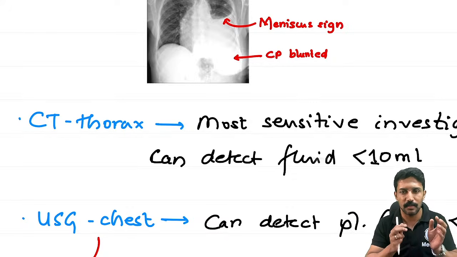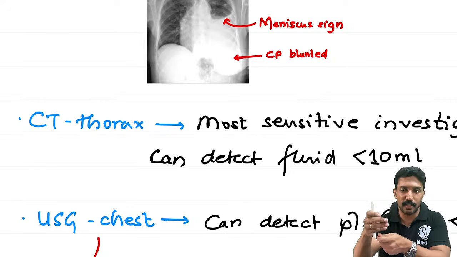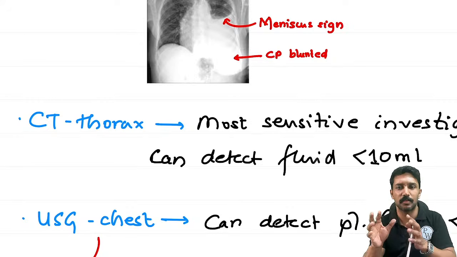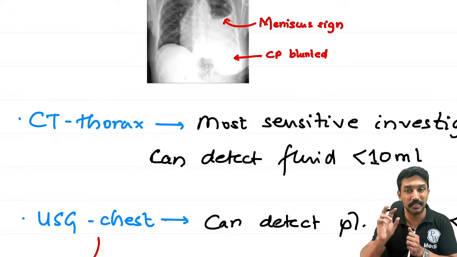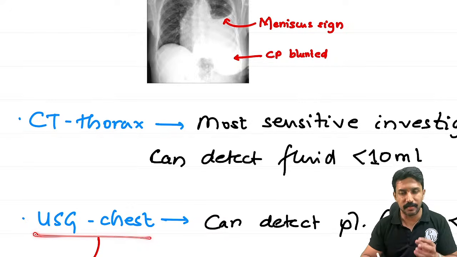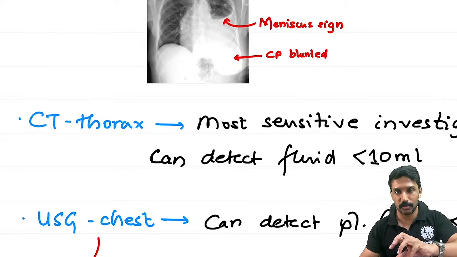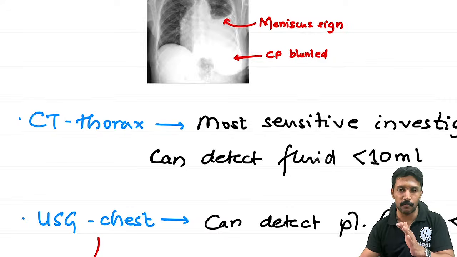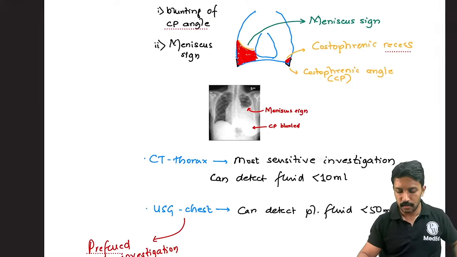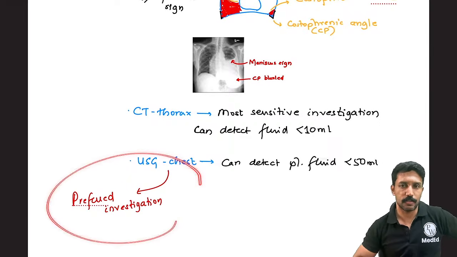If I do an X-ray, then I anyway have to go for ultrasound-guided pleural fluid aspiration, or manual aspiration after percussion to identify where the fluid is, which is not very safe. So ultrasound not only detects very small quantity at low cost without the risk of radiation, it also helps guide the site for pleural aspiration. Clear? That's why it is the preferred investigation.